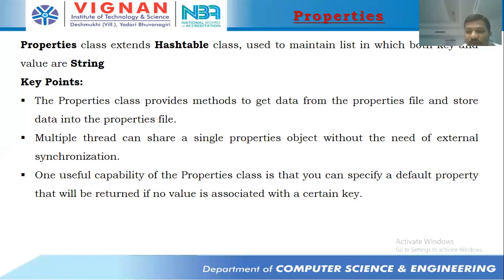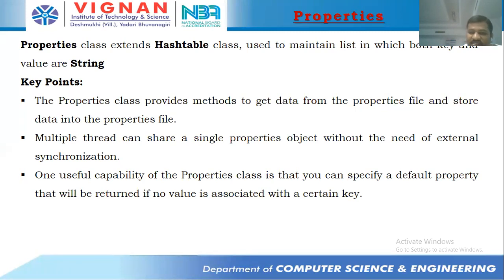It can be considered a properties file where we store some data in the form of key-value pairs, and the key is going to be a string and the value is also going to be a string. So with the help of this Properties class, we can get the data from the particular file and then we can send the data into that file.